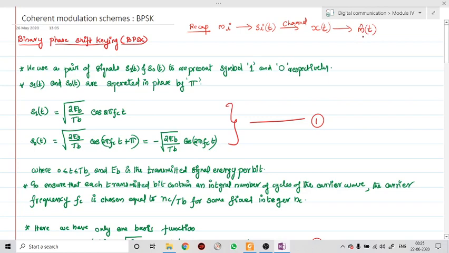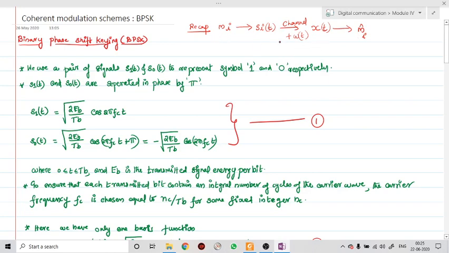So I send some symbol as a signal through the channel where noise is getting added, and I receive X of t. From that I estimate the symbol that I have transmitted. This is the basic passband transmission model.